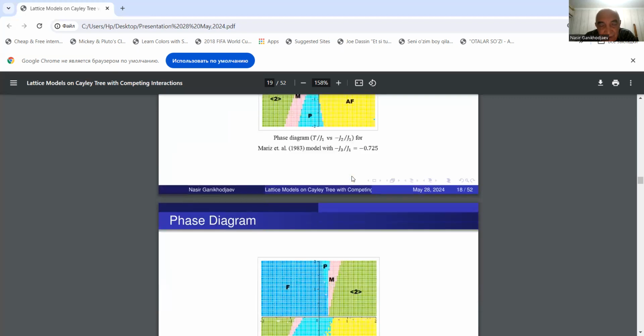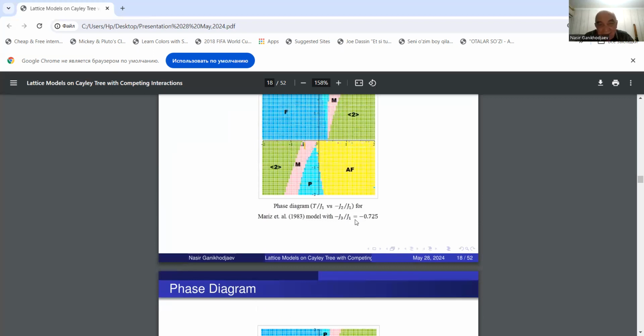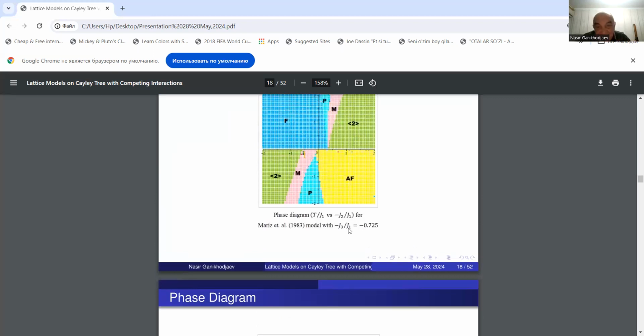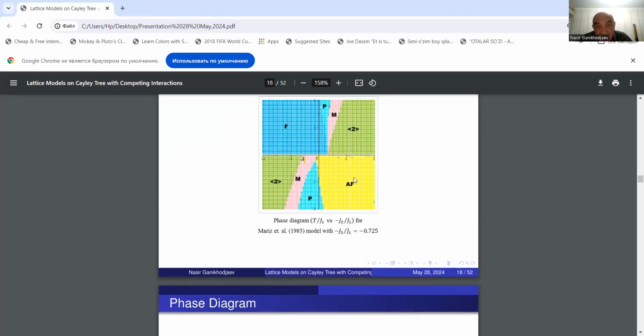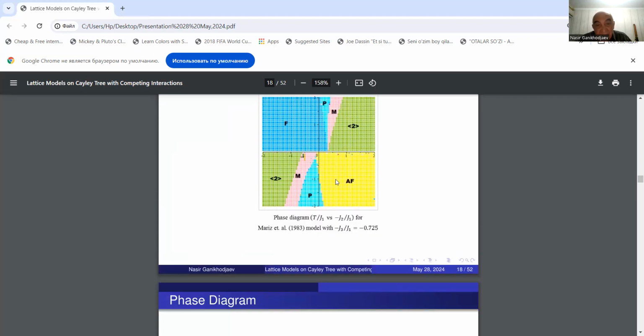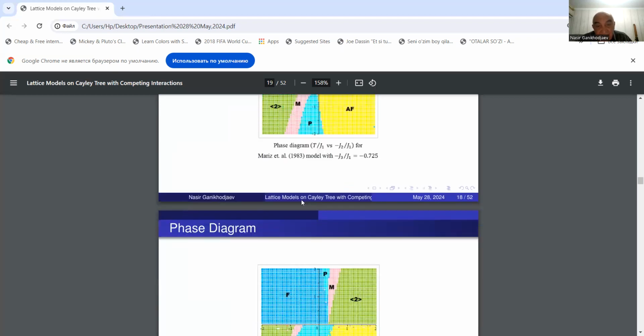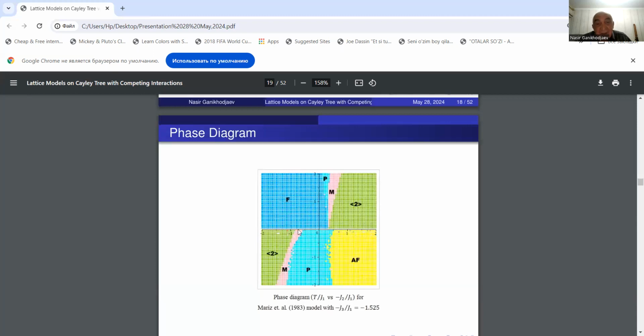So now here we give different phase diagrams for different ratios of parameters G3 and G1. For this case, we have such a phase diagram. For this case, it differs a little bit, but practically the same phases, maybe in a little bit different form.